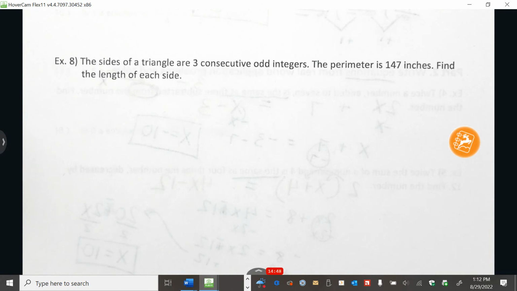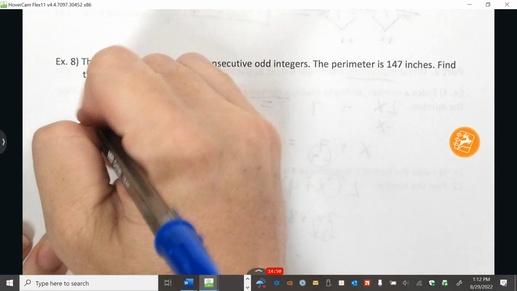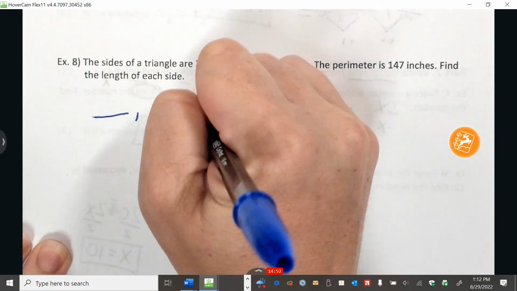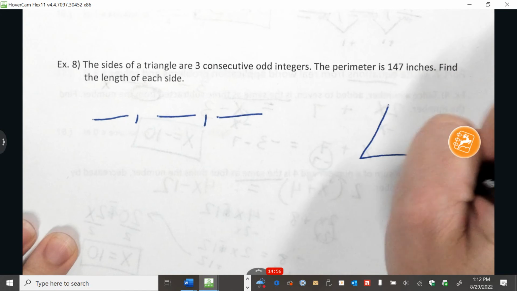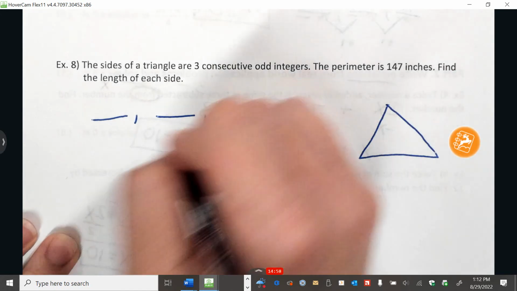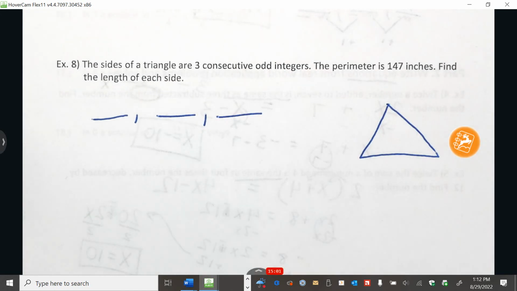What's different about this problem? It's odd. So we're going to have 3 consecutive odd integers. And we're talking about perimeter, but we're talking about perimeter of a triangle, so it's fine. This is just helping us find what's going to represent each side length.